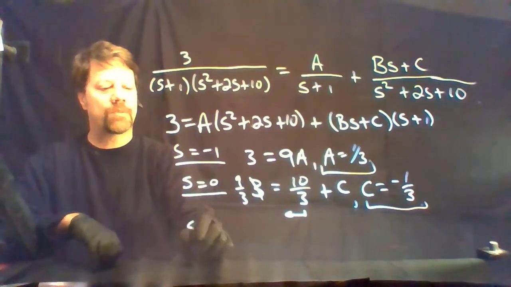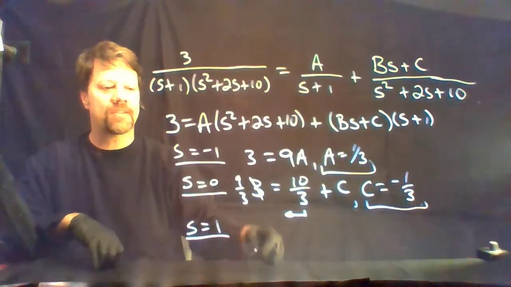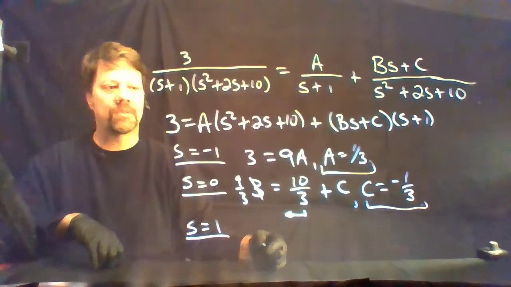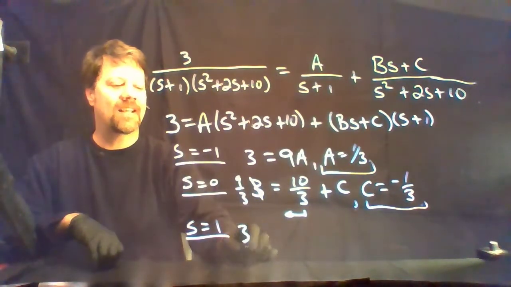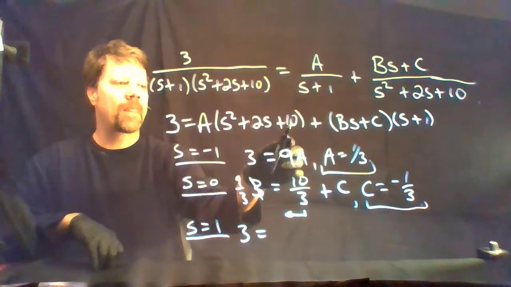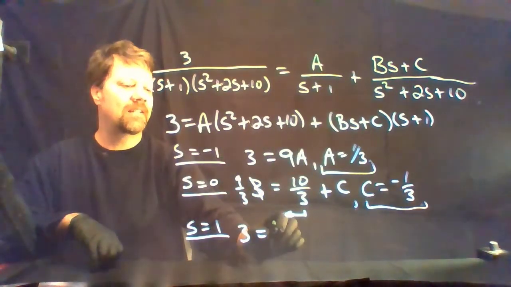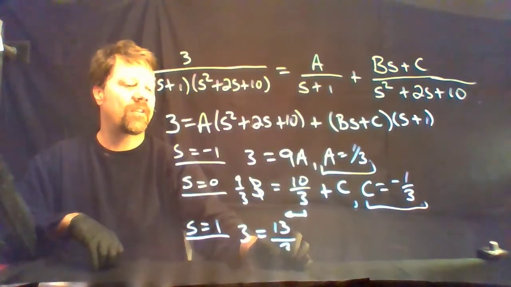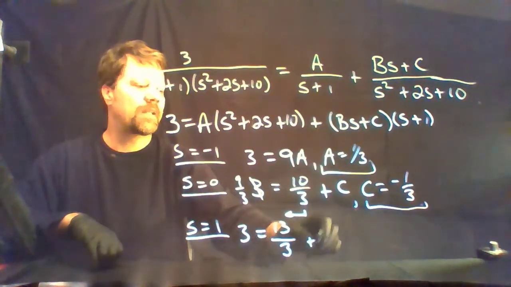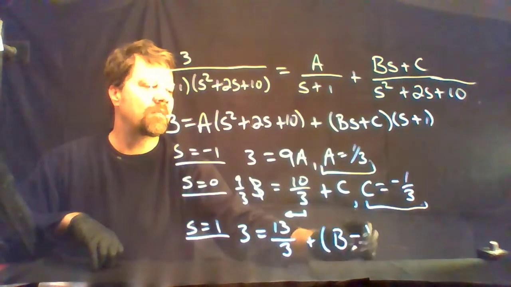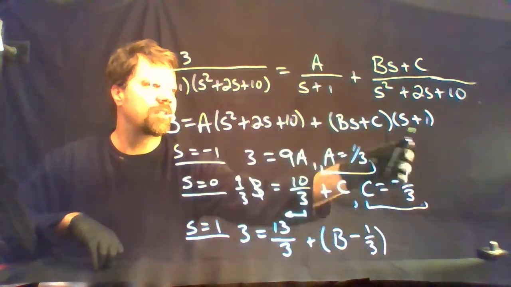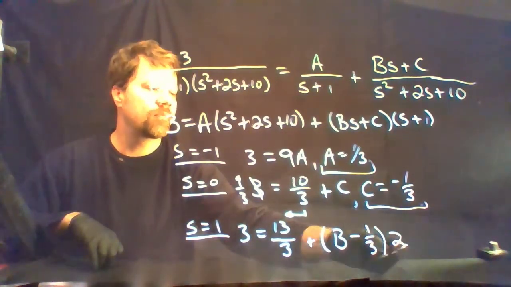The next reasonable choice for s is one that gives us as few computations as possible. Why not s equals 1? In this case, we get 3 equals 13A. That's 13/3 plus B plus C, that's B minus 1/3 times 2.